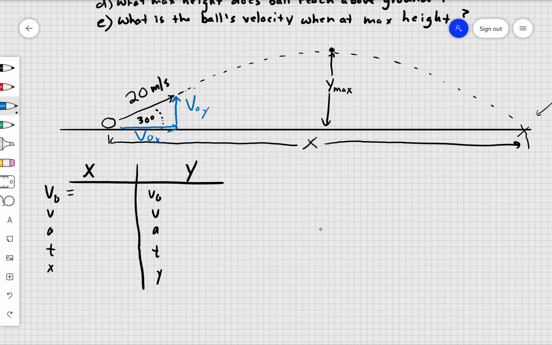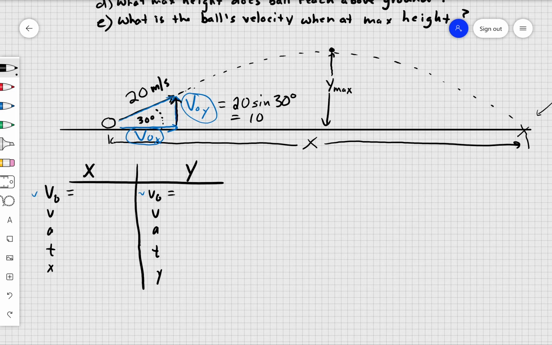We have this velocity vector of 20, but we need its x component to find v naught in the x direction and its y component to find the initial velocity in the y direction. The initial y velocity is opposite and hypotenuse, that's a sine function. This is 20 sine 30, that's 10. So the initial y velocity is upward.